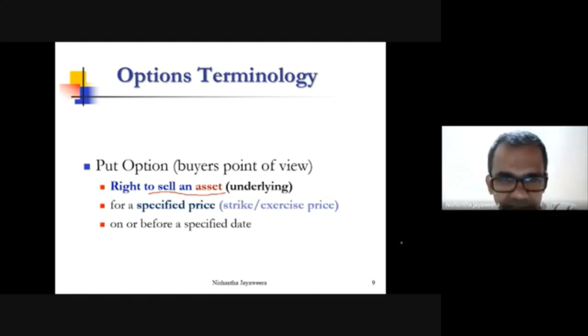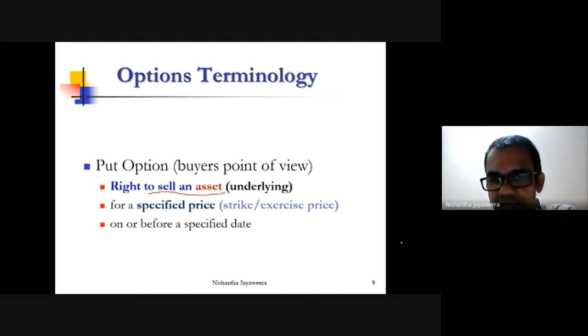Then the opposite is true for the seller of the option. If the option seller has sold a call option, he has the obligation to sell the asset.